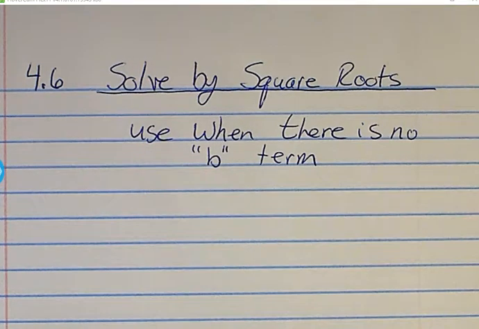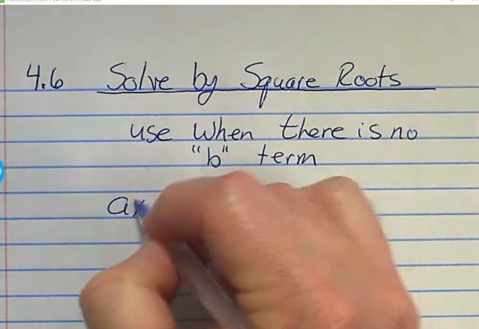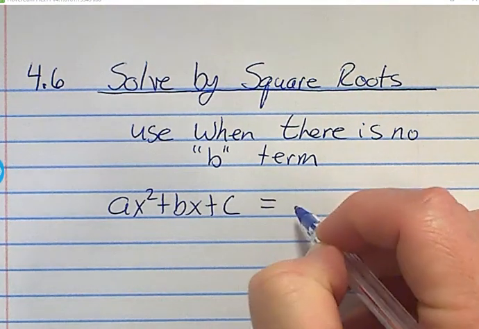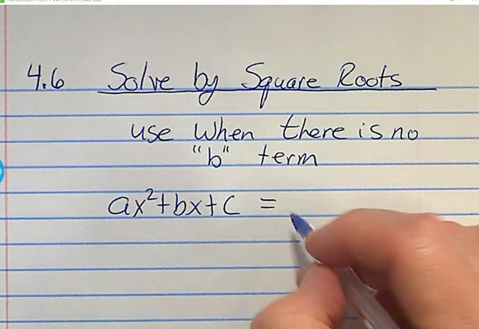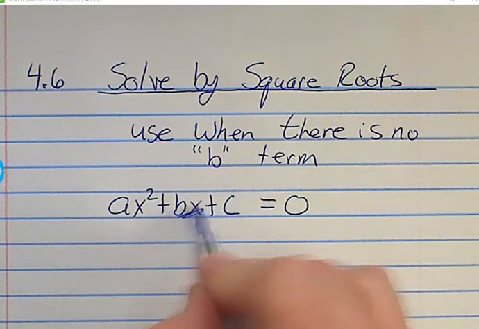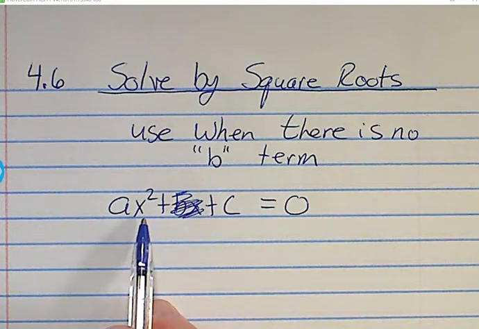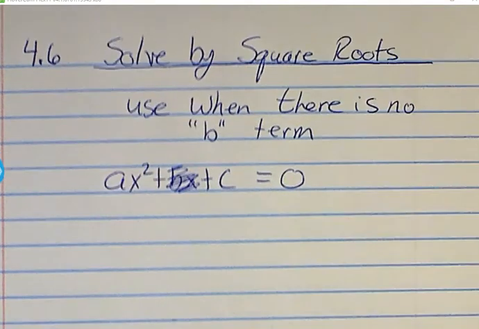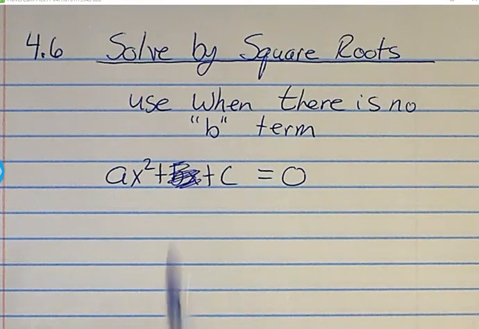So when we're going through the ax squared plus bx plus c, it may look something like this, but now the b term is going to be gone. So now you're just going to have an x squared term and then just some number. So that's the biggest difference that you got here. Now again, with that b term being gone, it may look like a perfect square, but it may also not quite look like a perfect square.